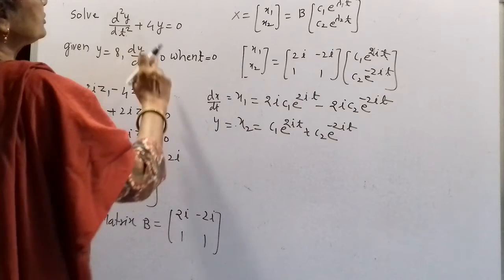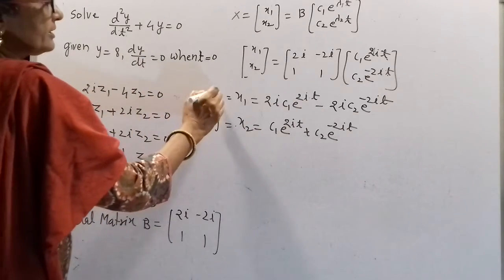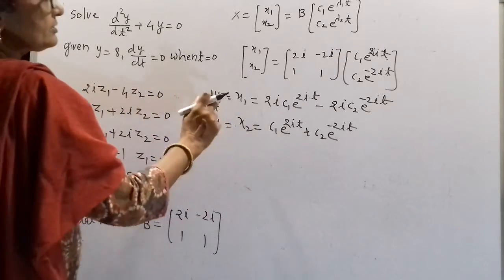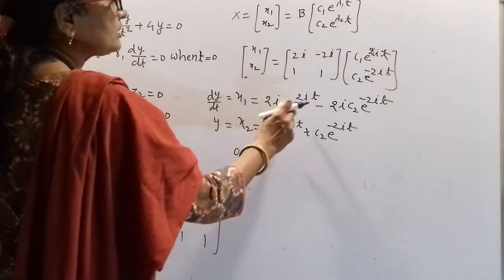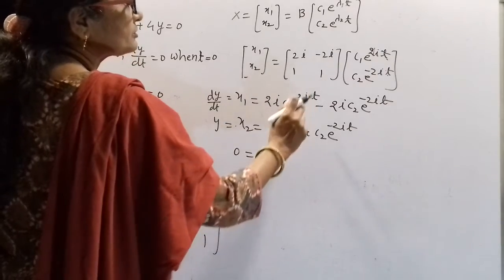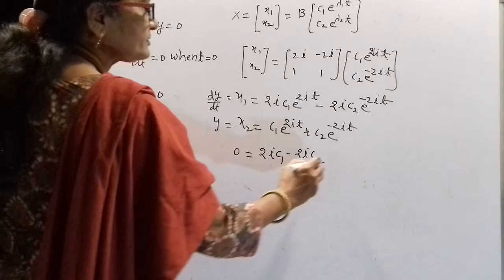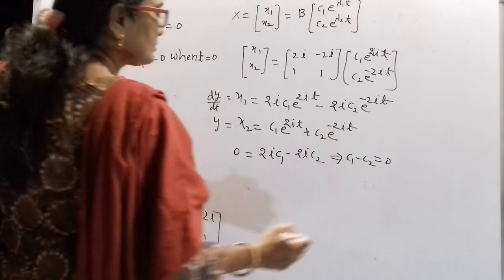So when t is 0, dy by dt is 0. From this equation we get 0 is equal to, if t is equal to 0, 2i c1, this power is 0, that is 1, minus 2i c2. This gives c1 minus c2 is equal to 0.